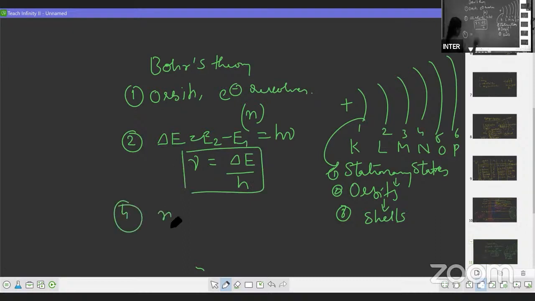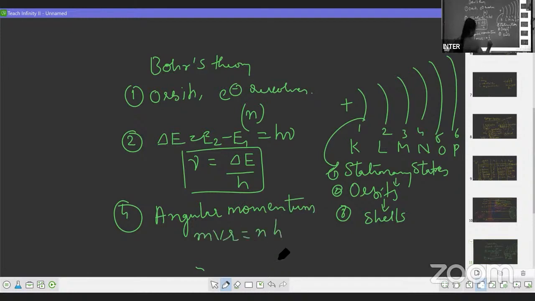What is angular momentum? The formula is mvr, equal to the integral multiple of h by 2 pi.